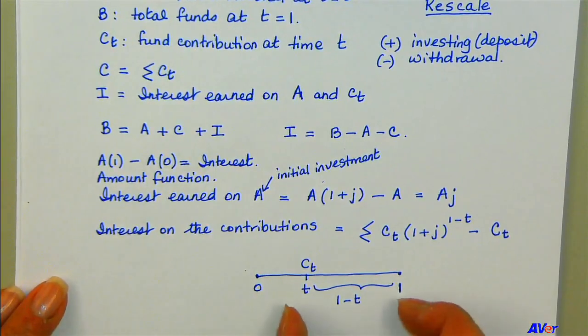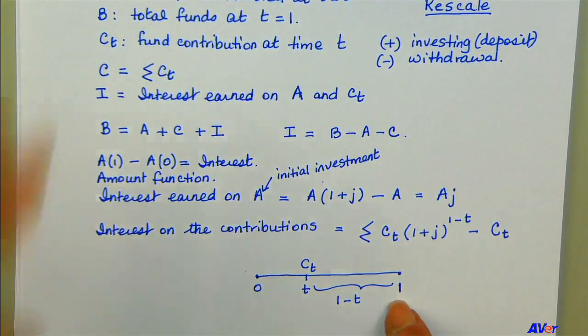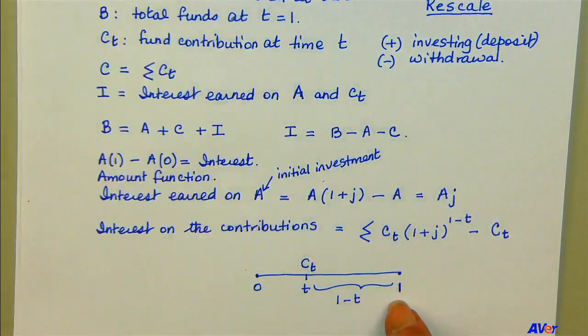So the end of the investment period that we're talking about here has been rescaled to 1. Therefore, if a contribution is made at time t, that contribution will grow for 1 minus t. In other words, if it's made at time 1/3, it will grow for 2/3 of the period.